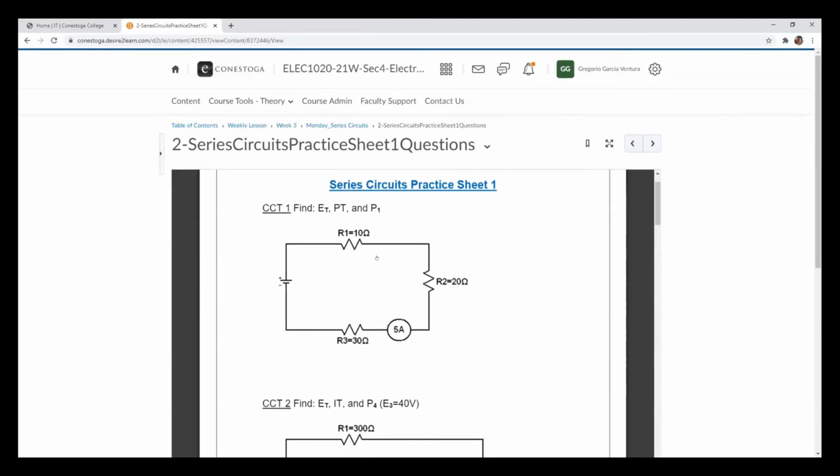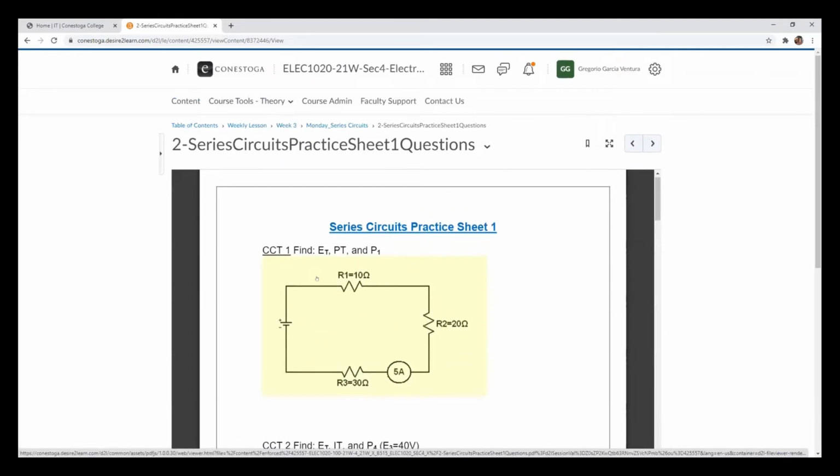Let's begin with something rather simple, which is the very first question. If you didn't have a chance to do it during the break, and I didn't expect you to, please take a couple of minutes and get it done. If you have any questions about it, please let me know.